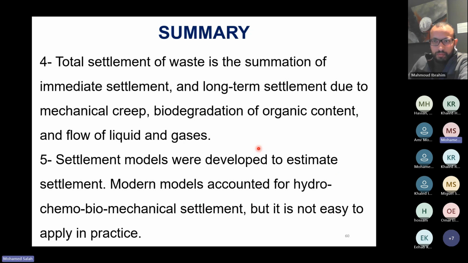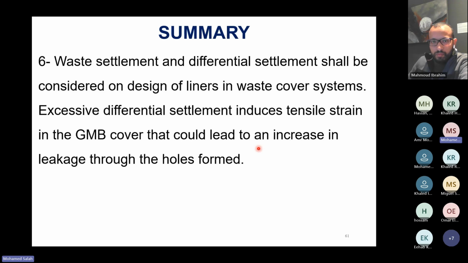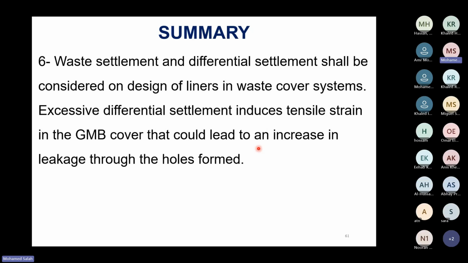Also, we found that settlement models were developed to estimate settlement. Modern models accounted for hydro-bio-chemical settlement, but such complicated modern models are not easy to apply in practice. The waste settlement and differential settlement shall be considered in the design of liners and waste cover systems.